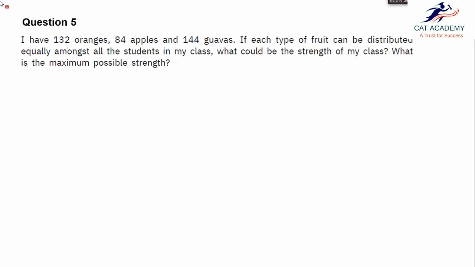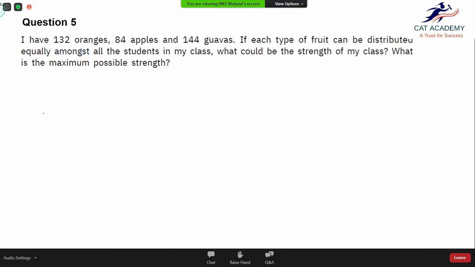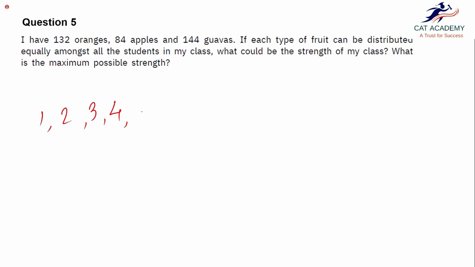Can I have 5? No. 5 is a problem because when I try to distribute it in 5, 2 will be left over. So that means 1 is okay, 2 is okay, 3 is okay, 5 is not okay, 6 is okay.